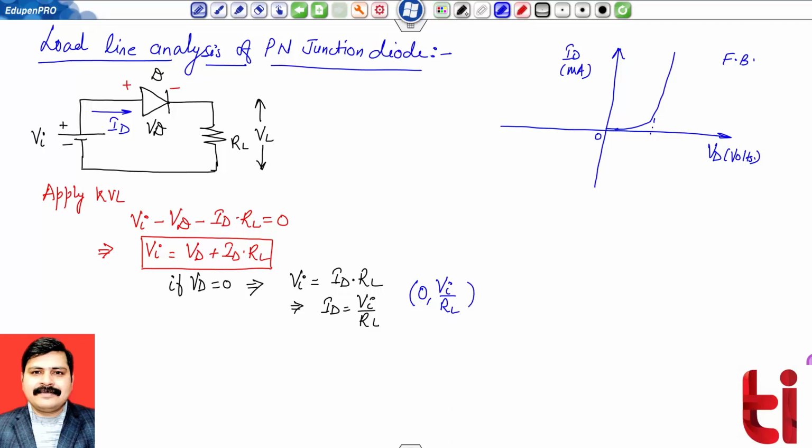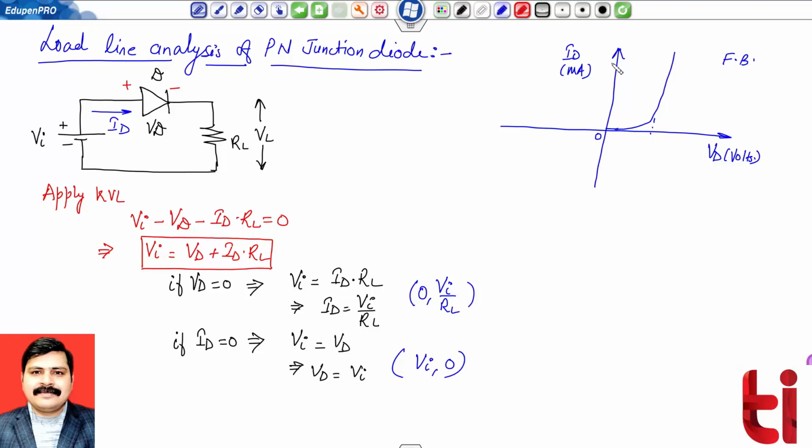Now the second case, if I consider ID equals 0, then I will have VI equals VD directly. That is, my VD will be equal to VI, and the second point will be VI and 0.